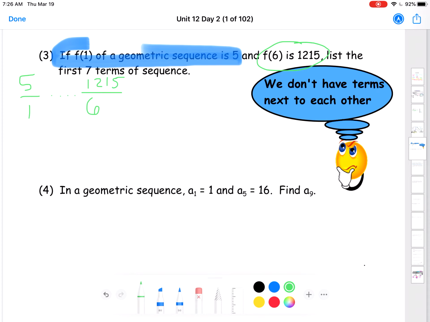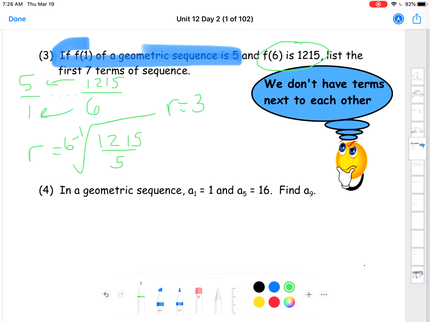So we can't just do our common ratio formula of second divided by first because they're not right next to one another. We still will divide them going backwards, but then you're going to take the root going backwards of the difference of their positions. So you just have to memorize that. So our common ratio for this guy would be 3.